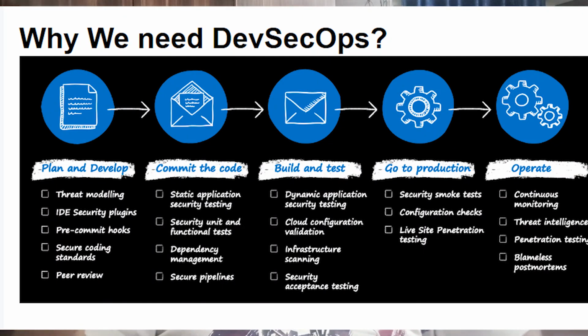So now, you may think, why do we need DevSecOps? Let me explain in a simple way. Imagine your computer or phone is like a castle and there are bad guys trying to break in, called cyber threats. In the past, we used to put up strong walls and security guards only after building the castle, called traditional security.